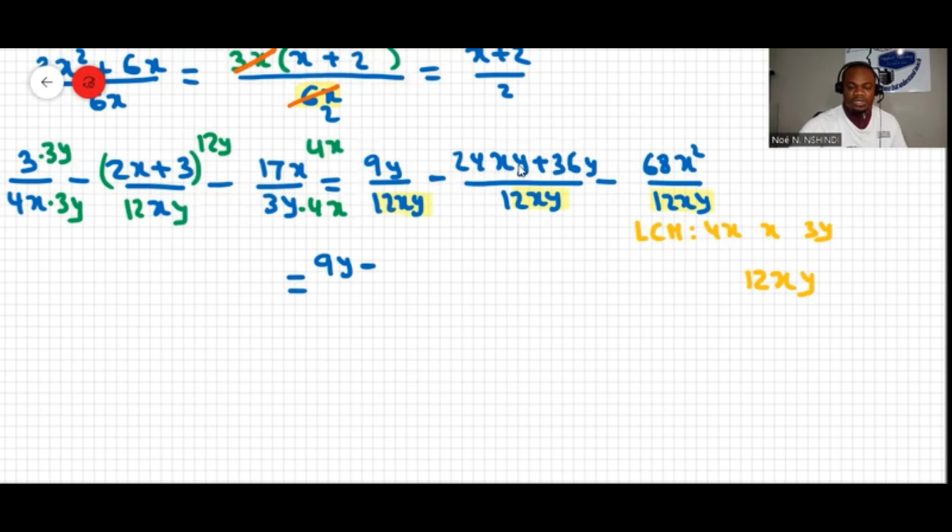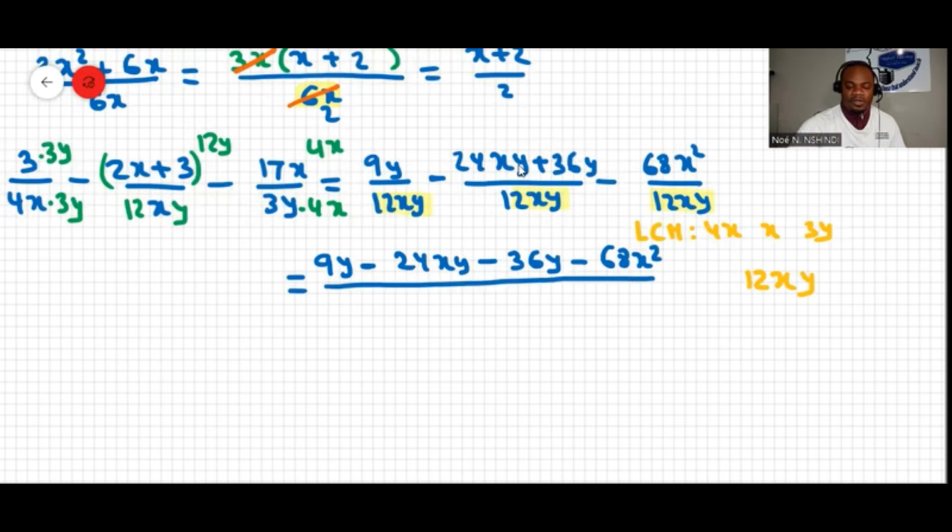So this makes negative 24xy, and then no longer positive 36, but negative 36xy, and then negative 68x squared all over 12xy. That was question 2.